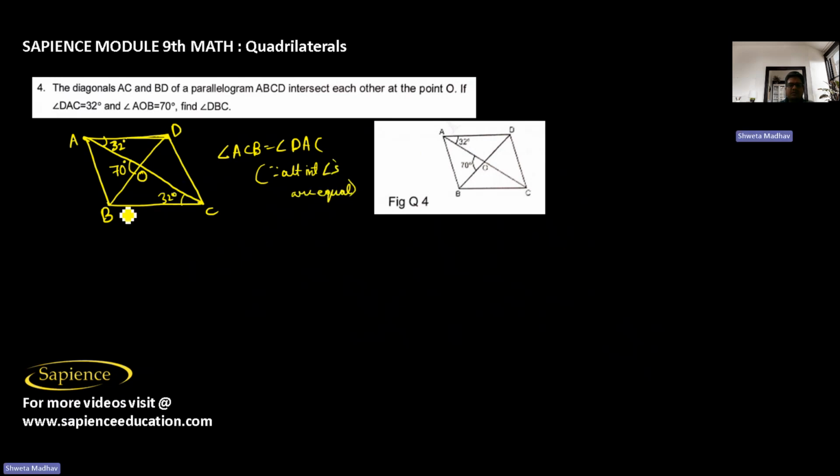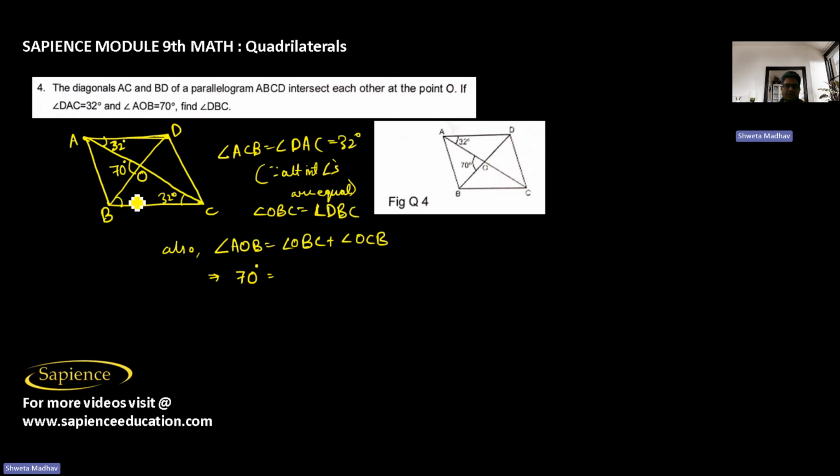So ACB equals DAC, which is equal to 32 degrees, and also angle AOB is equal to angle OBC plus angle OCB. AOB is 70 degrees. OBC we have to find out, and angle OBC is the same as angle DBC.